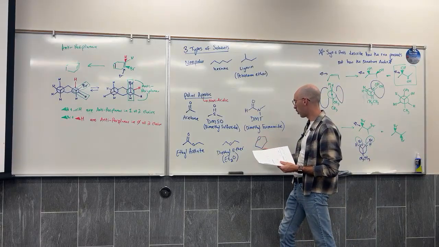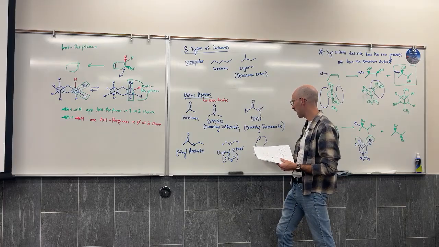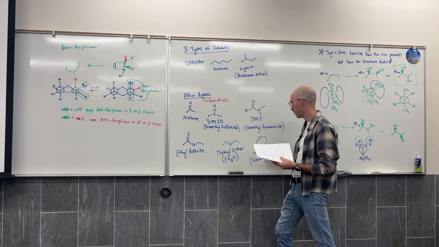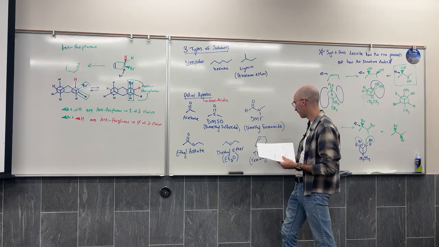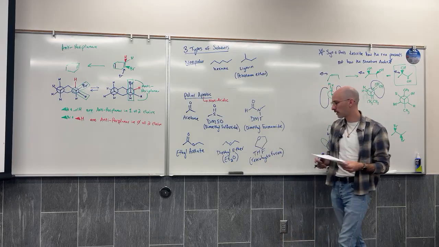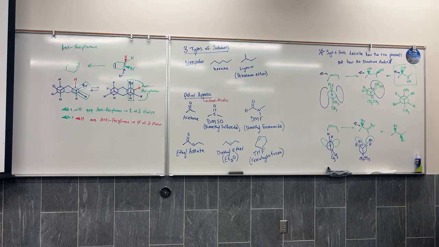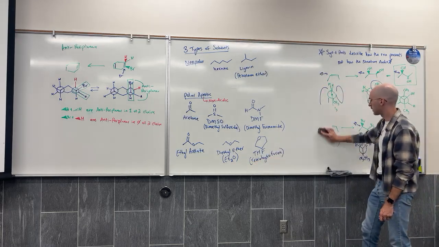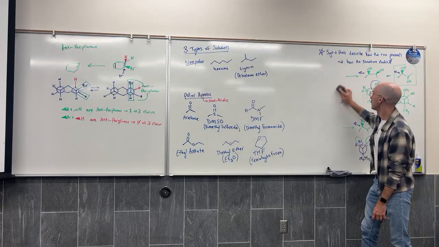The next structure is also an ether. This one is called THF, which stands for tetrahydrofurane. Furane is an organic compound that we talk about in OChem 2 a lot more. It's an aromatic compound.